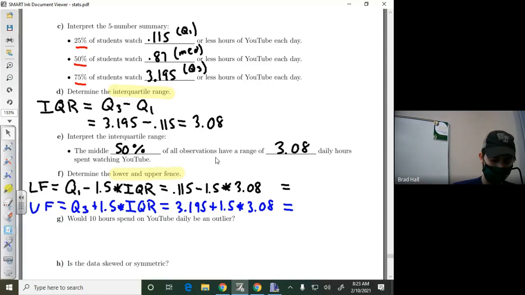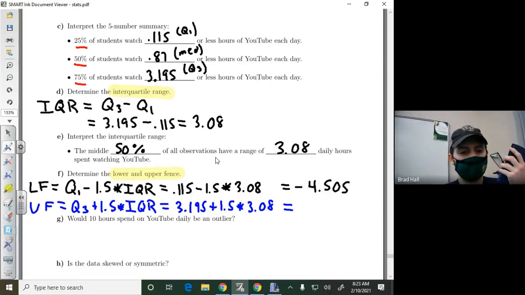0.115 minus 1.5 times 3.08 is negative 4.505. I know it's weird that we have a lower fence in the negatives when we're dealing with strictly positive numbers, but that just means we're not going to have an outlier on the lower end of this data set.